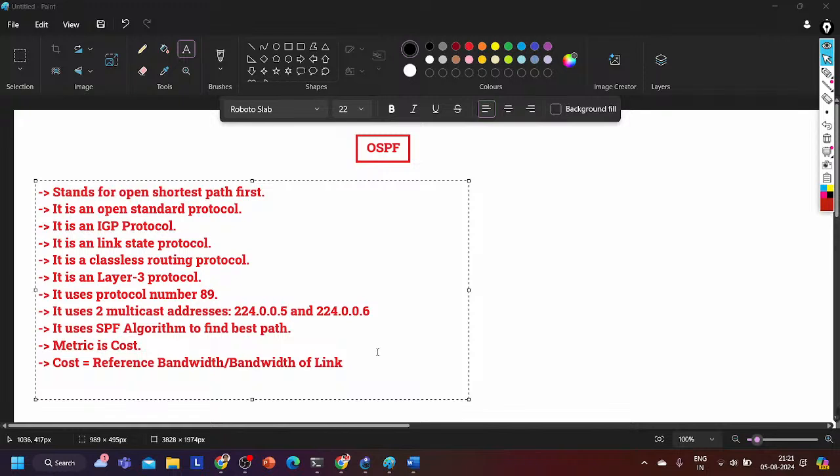So let me write the default reference bandwidth value. Default reference bandwidth is 100.